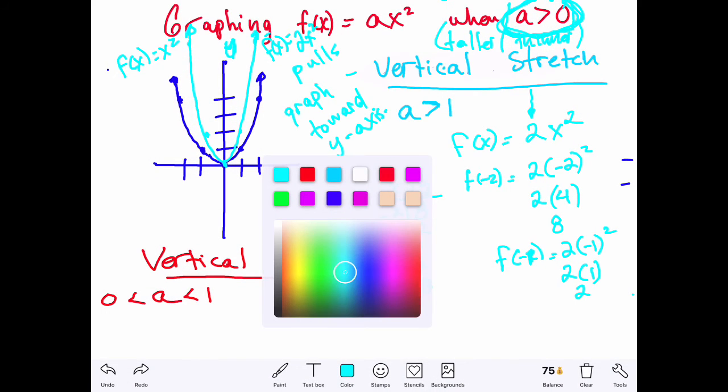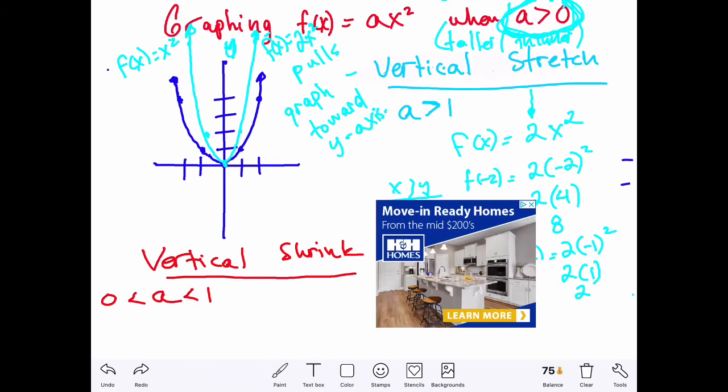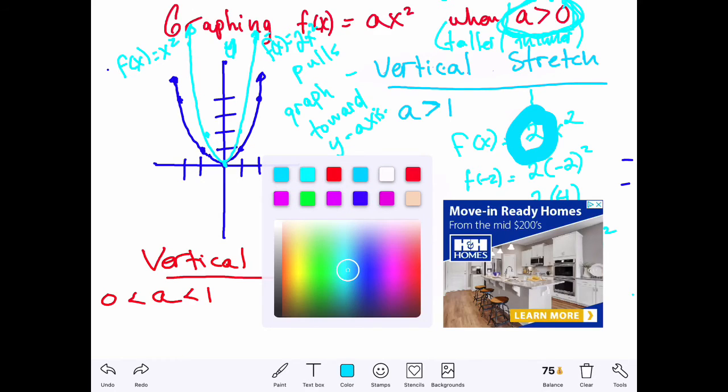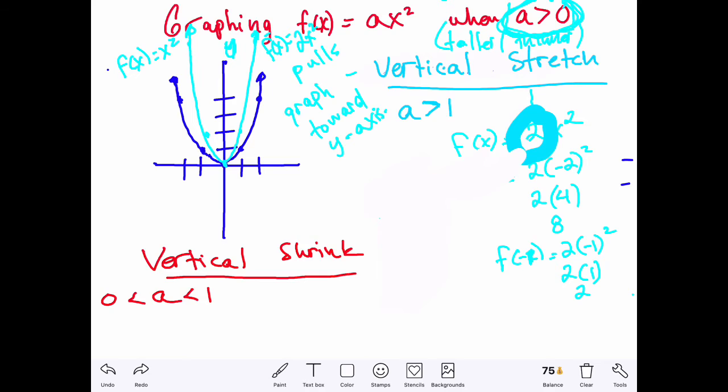Let's continue and look now at vertical shrink. I'm going to erase what we did here, but I'll leave the graph on there. Remember, both of these are a greater than 0, but what we just did was a greater than 1. For example, here our a is 2. Now we're going to look at one with a between 0 and 1.